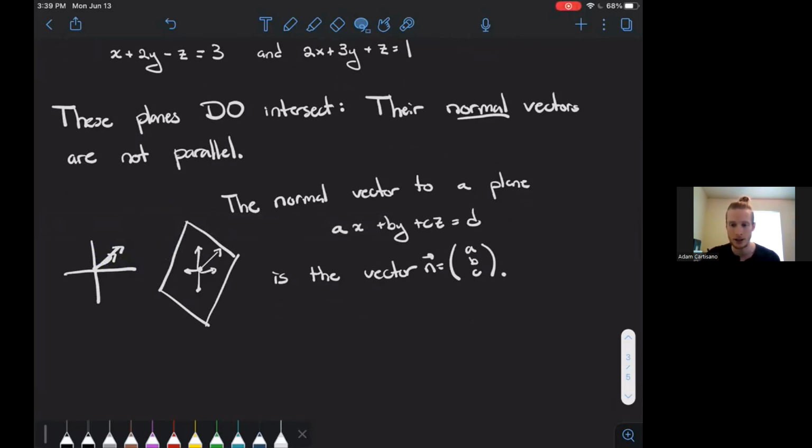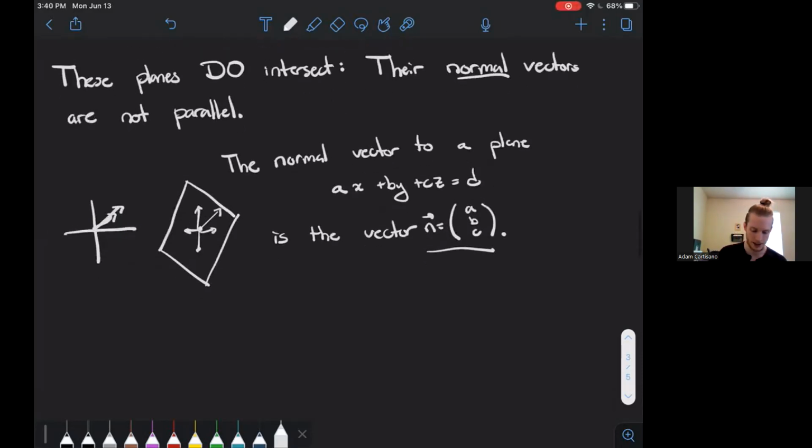It means that if they're in standard position, then one must be a scalar multiple of the other one. And this normal vector ABC is assumed to be in standard position. So when we write down just the coefficients of this plane, we move the vector to the origin and automatically have it in standard position.